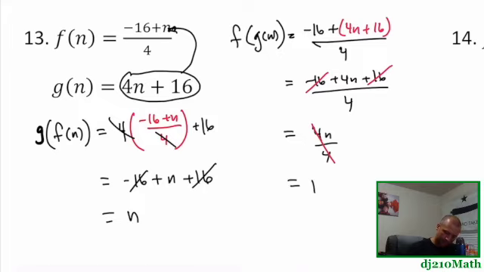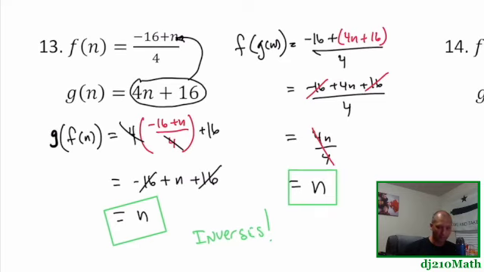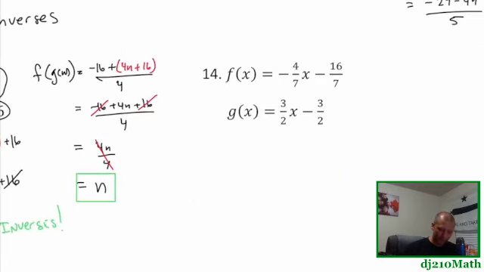So we get just n. And here we see that they both equal n. So they are, in fact, inverses. Because we composed both functions into each other, and we got just a single variable to come out, they are inverses of one another. That's nice.